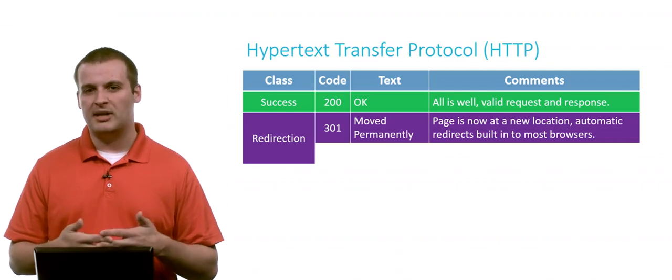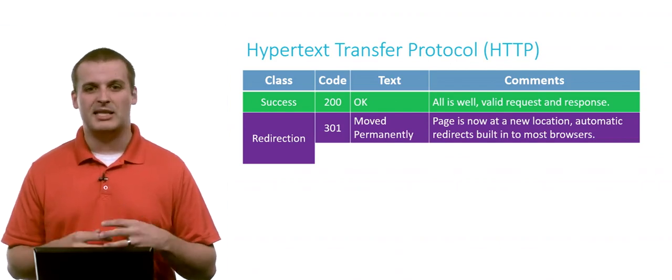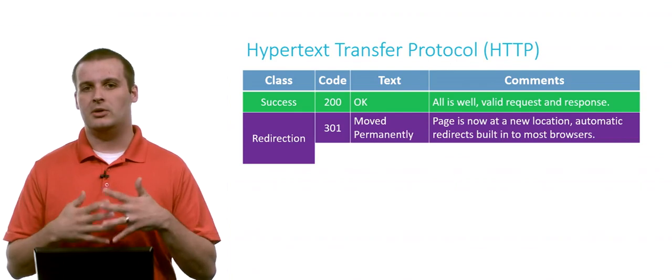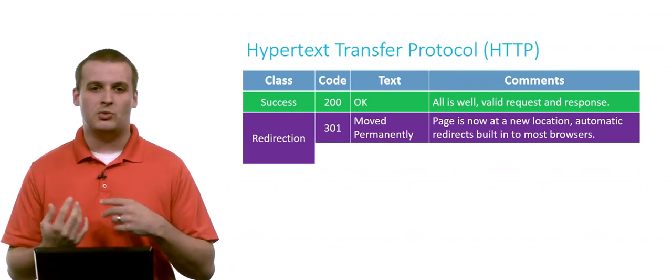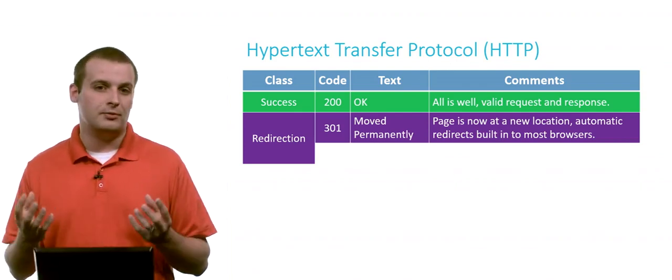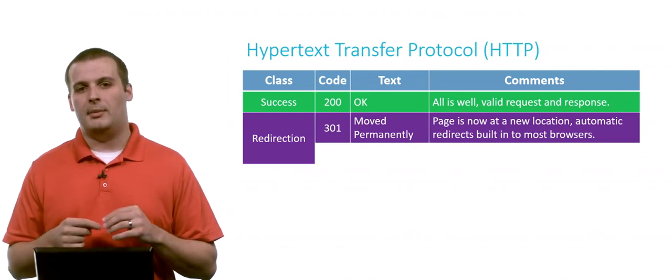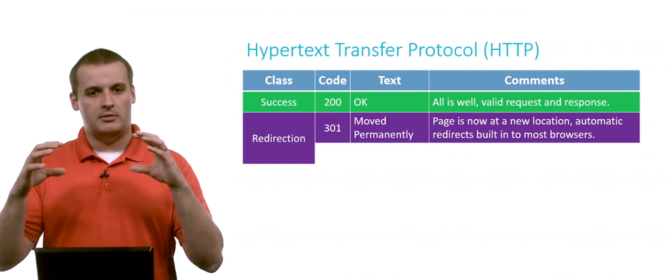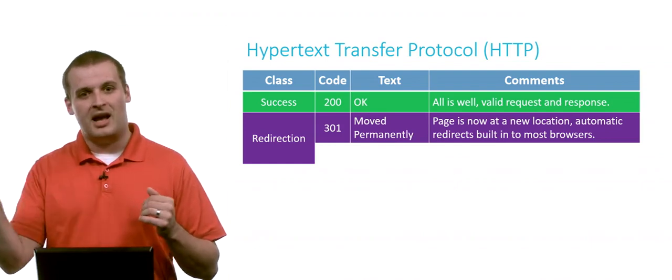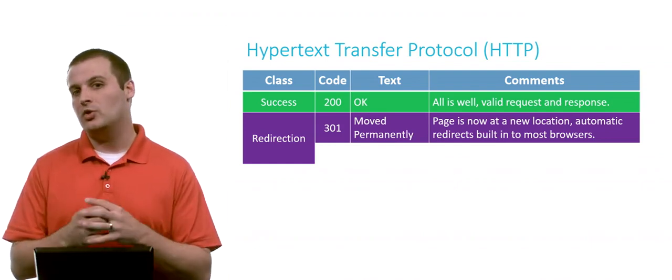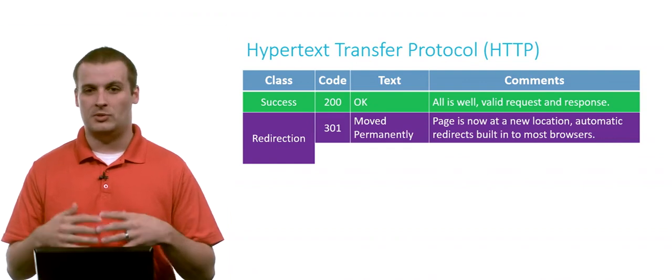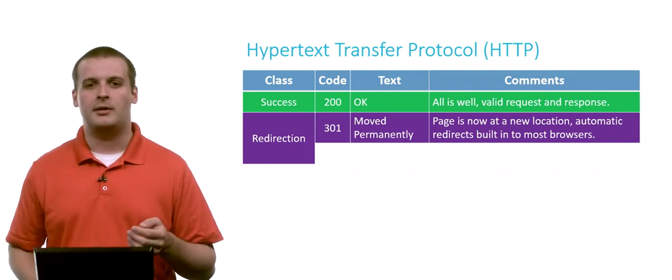301, moved permanently. What this basically means is the page is now at a new location. It will live there forever, and most browsers will automatically redirect you. So you'll never really see a 301 either, unless you're using a really out-of-date browser, possibly, because the 301 response also tells you where the new page is, and so most browsers will just redirect you there, assuming that you want to go there.